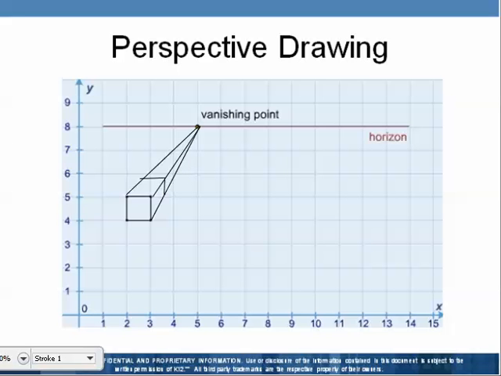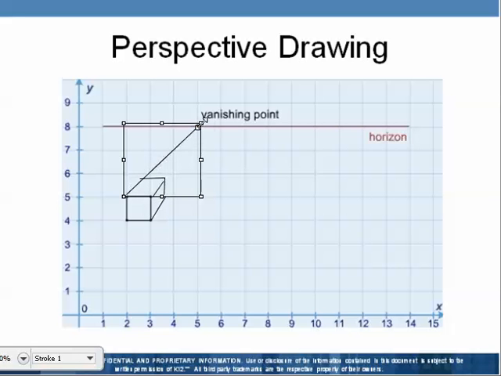In this particular situation, what you would do is then take these vanishing point lines and you would shrink them back down to here. Okay? Oops. Grabbed the wrong tool there. Like that.